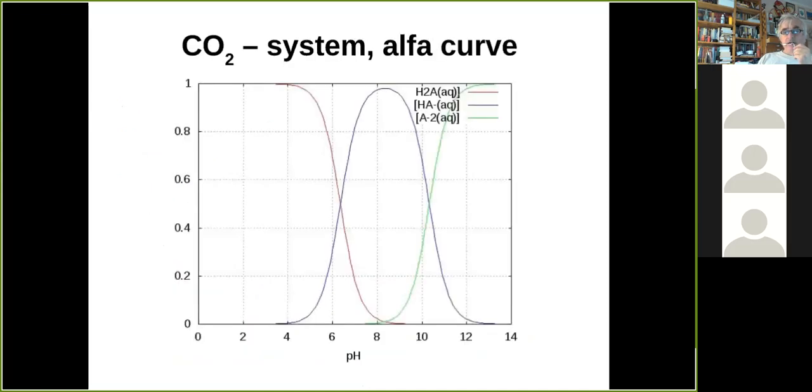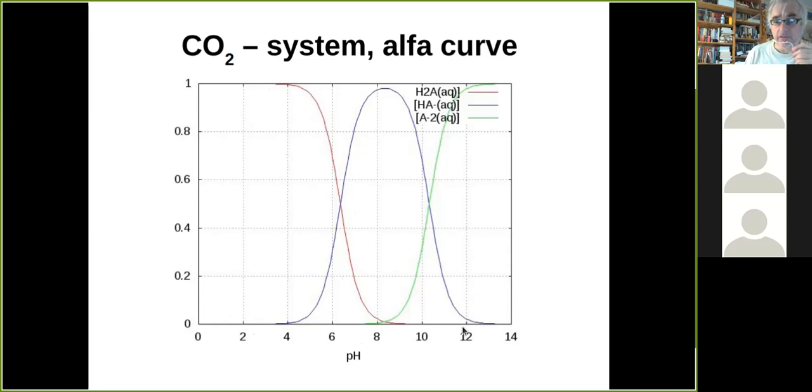Here is a typical fraction diagram. We have been looking at it before, where, if the goal is to determine how much of the carbon dioxide exists as carbonic acid, the red one, at a certain pH, then it's okay up to pH 8 or something like that.